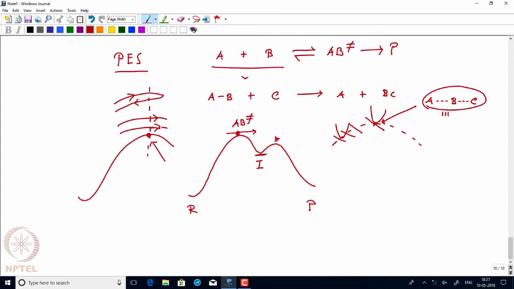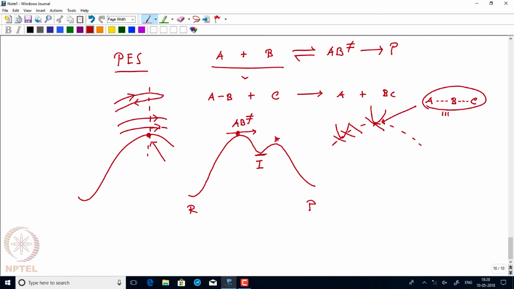Now you could cast the entire problem, instead of energy versus coordinate space, into a phase space problem where you represent the momentum and the position, and there also you represent the transition state as a point. If you have a point in phase space, it means you are simultaneously specifying the momentum and the position with absolute precision, which means you are violating the uncertainty principle, which means transition state theory is inherently a classical theory.